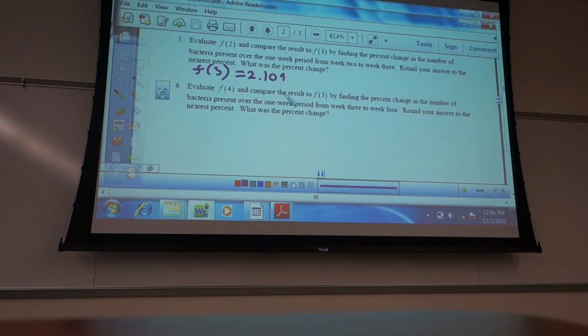So we're looking at 2.109, the f of 3, divided by f of 2, which was 2.8125. You can put all the decimals if you like.